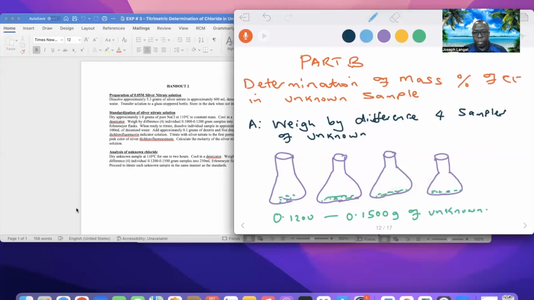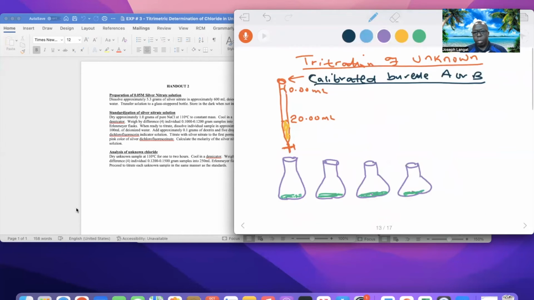You dissolve in the suggested mL of deionized water, add the dextrin and the indicator, and proceed with the titration until you determine the endpoint. Let's say this is trial 1, trial 2, trial 3, trial 4.